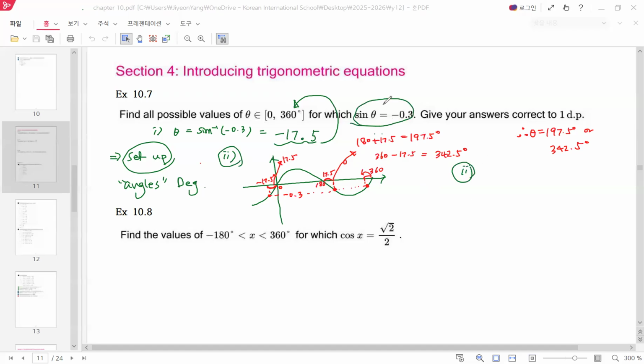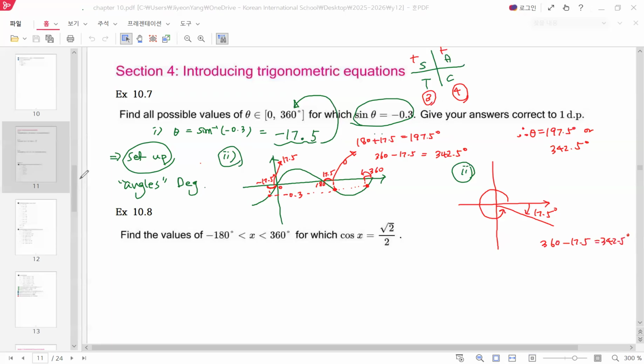Or, since the sine value is negative, by using the CAST rule, sine is positive here, positive here. So in the third quadrant and the fourth quadrant, you can find theta which has sine value negative 0.3. Then negative 17.5 is here. If you read this angle, the fourth quadrant is 360 minus 17.5, which is 342.5.